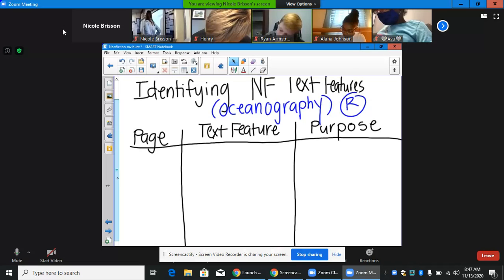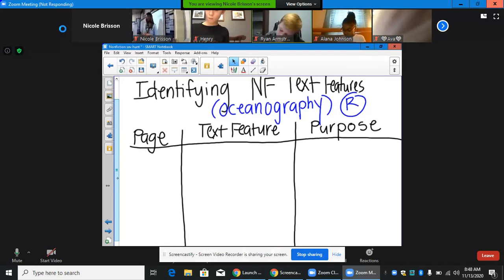After you're done writing, I want you to think of some of the important text features that you've seen in nonfiction books, especially reference texts, that are really helpful. We're going to brainstorm a few. Think of some of those major text features that really help you understand a nonfiction book.